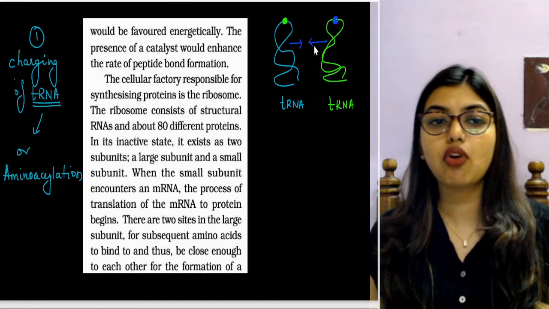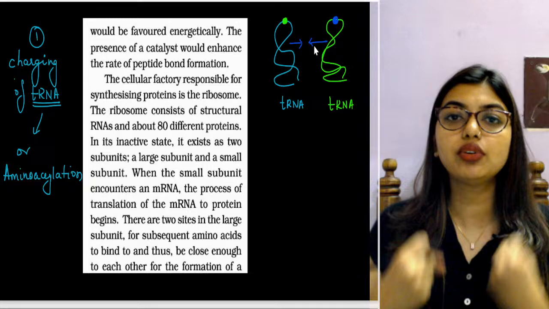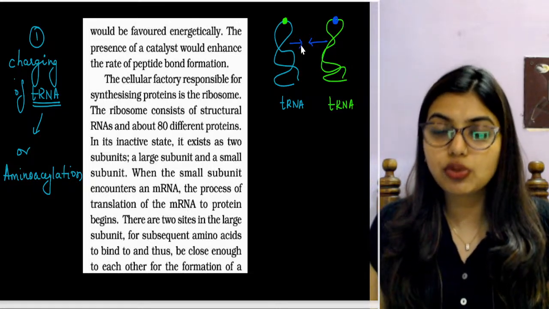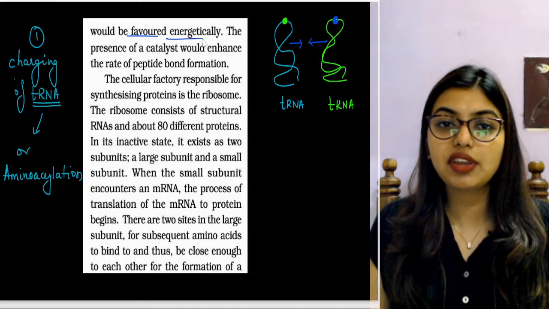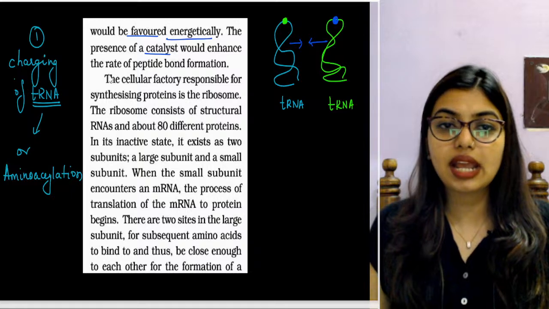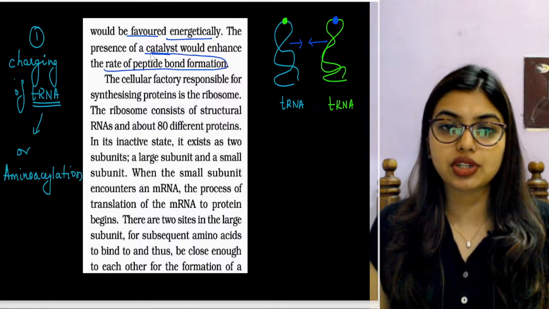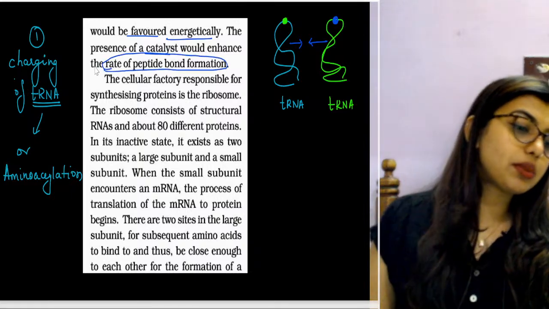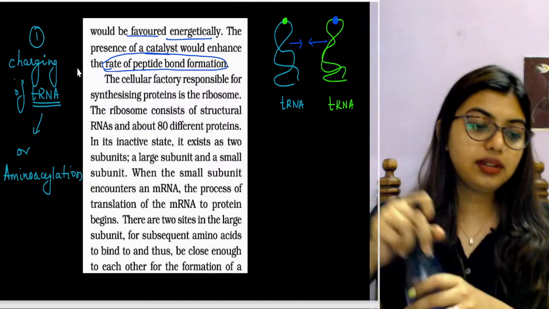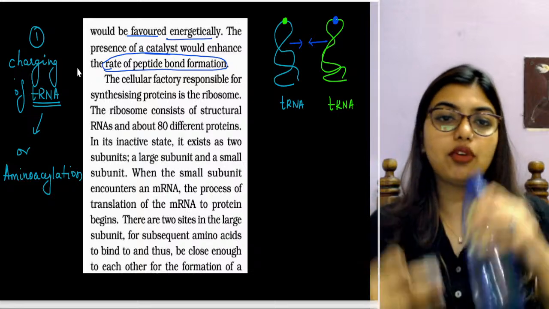In the same way, this one is charged, this one is charged, so when they come together, it will automatically favor energetically. A peptide bond will be formed. The presence of a catalyst would enhance the rate of peptide bond formation. There is going to be a catalyst present that favors peptide bond formation.